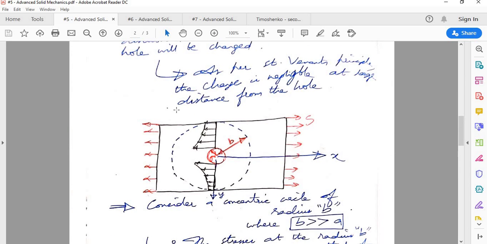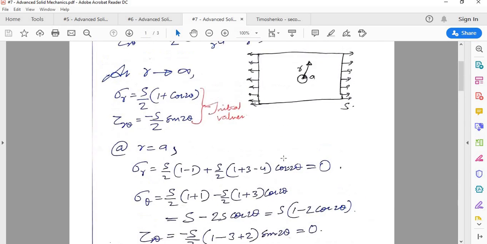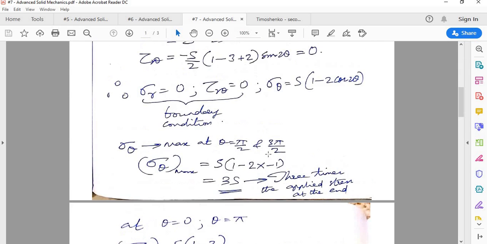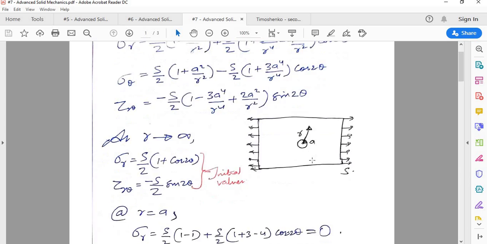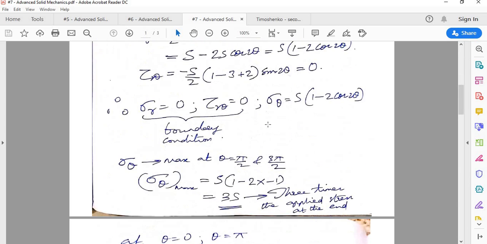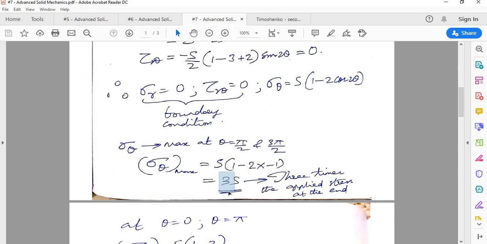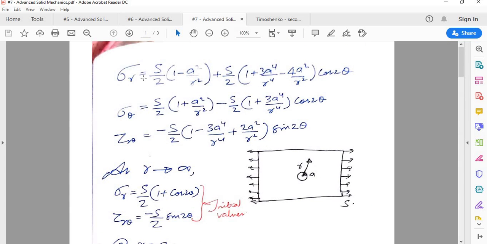So this is the stress diagram. I can ask you direct or indirect questions based on that, either theory questions, for example, what do you mean by stress concentration for a plate where the hole size is very small and you have applied stress along the x direction, how much is the stress concentration? It is 3 times. So those things can be asked.